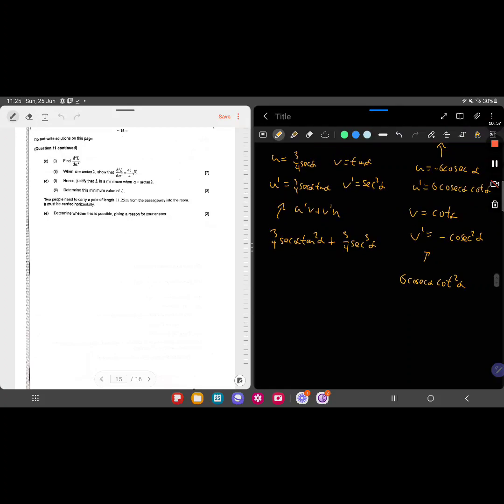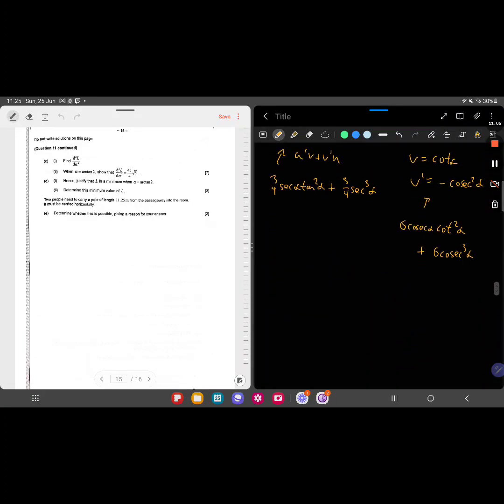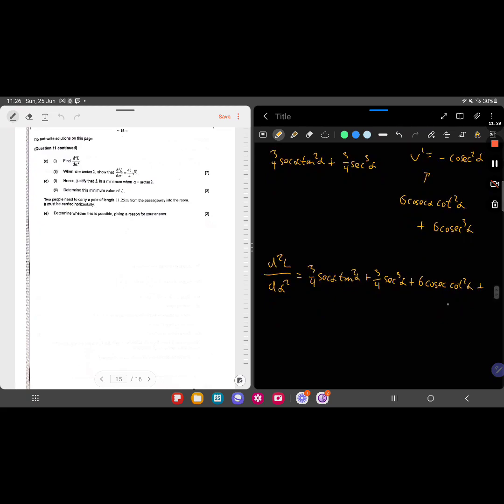There are two negatives, so they cancel out, giving 6 cosec cubed alpha. So d squared L over d alpha squared is equal to 3/4 sec alpha tan squared alpha plus 3/4 sec cubed alpha plus 6 cosec alpha cot squared alpha plus 6 cosec cubed alpha.